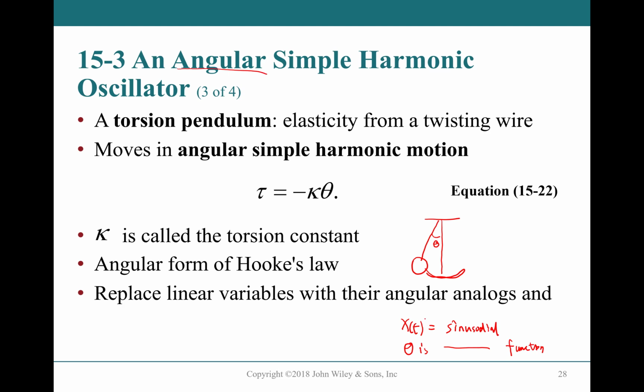So we do not describe the position as a function of time. Instead, we have the angle as a function of time. So we have a pendulum, a torsion pendulum, which moves in angular simple harmonic motion. Instead of position, we are going to use angle, and replace linear variables with angular analogs. Why?